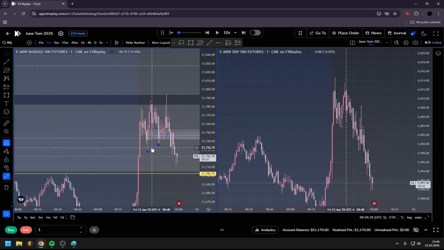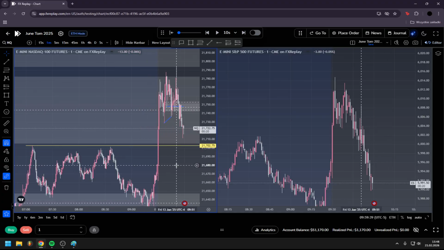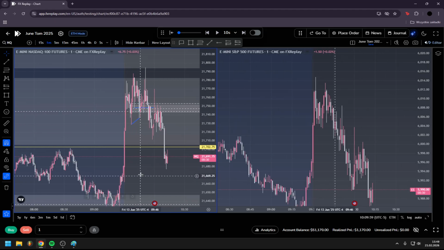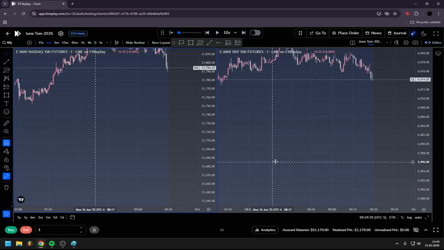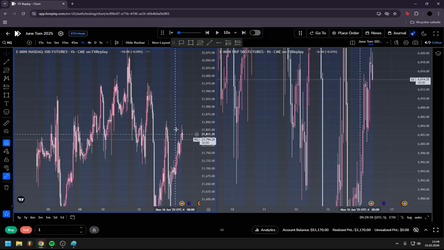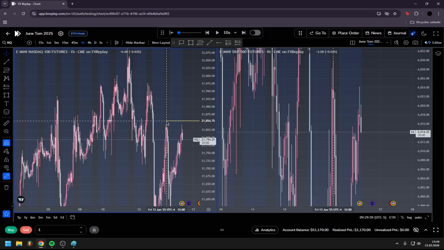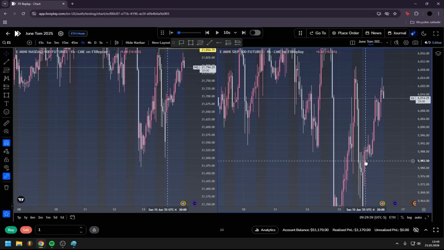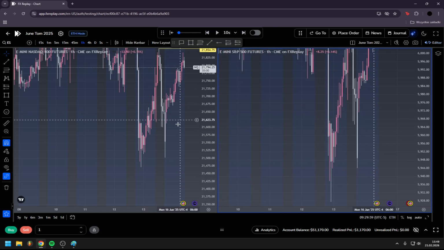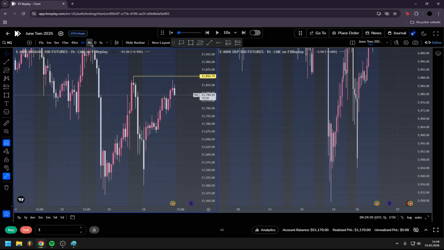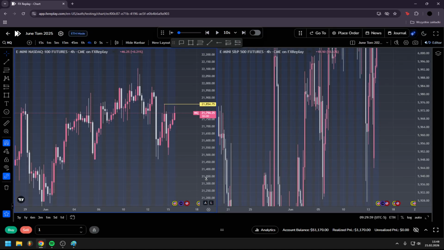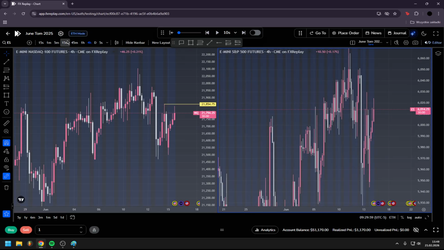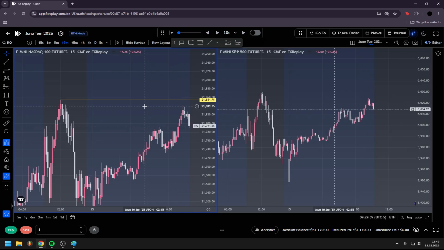So we did have a market structure shift here, but we do want to do some weird stuff and then go lower. Okay. So we are trying to rejoin this area. We failed to do that.